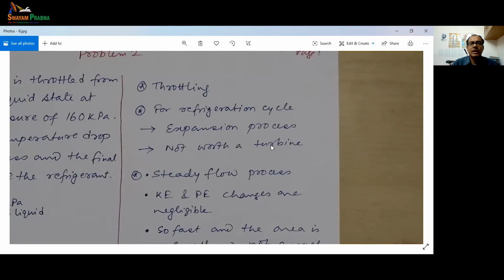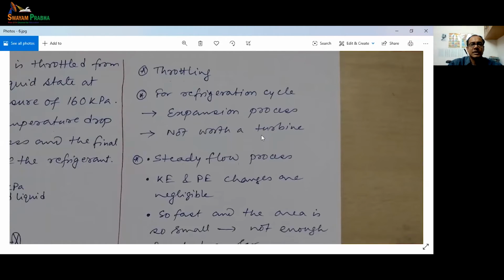Particularly the first instance you will see is in the refrigeration cycle, in the next chapter itself, where you will see that throttling is an important part of the refrigeration cycle. So what is it? It is an expansion process, because an expansion process means the pressure comes down, right? Whenever you have a pressure drop, we can call it an expansion process.